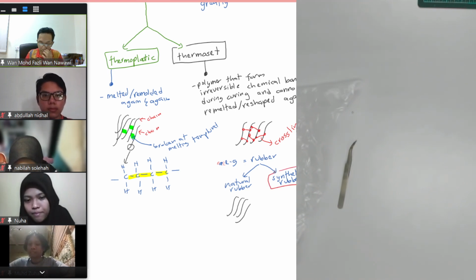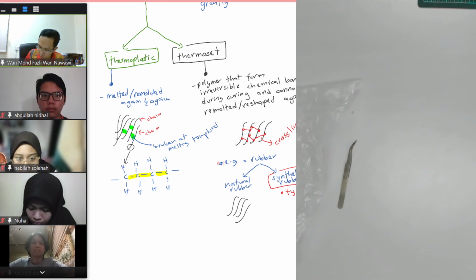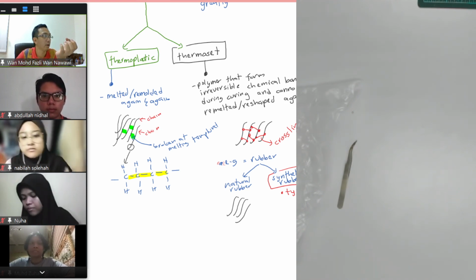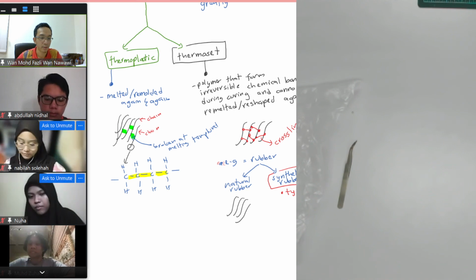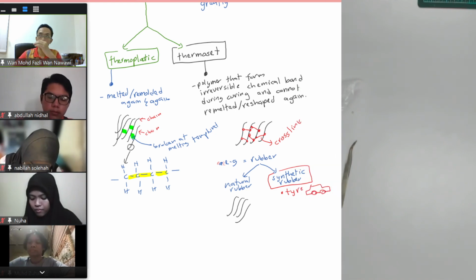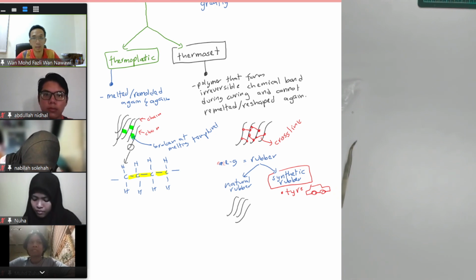Synthetic rubber example is like your car tire. So that is not normal rubber. Normal rubber is like the latex in the rubber tree. You see the white, milky thing from the tree.